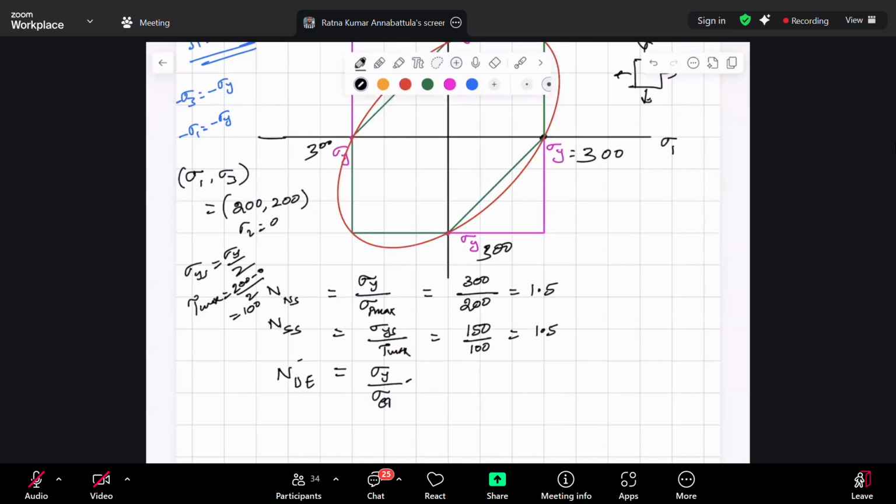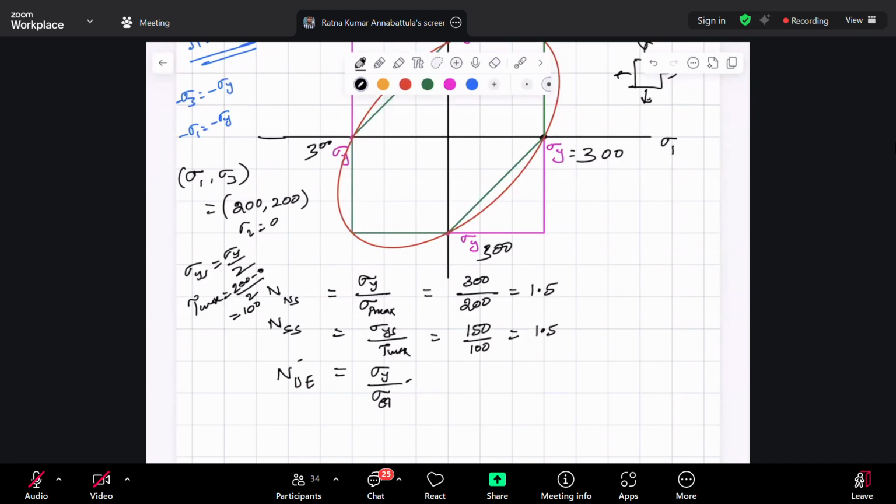So sigma 1 is 200, sigma 2 is 0, sigma 3 is 200. Because sigma 2 is 0, those terms are 0, and 200 square minus 200 square goes away. Root 200 square will be 200. So sigma equivalent is 200, and that is 1.5. What have you observed? Factor of safety is the same.